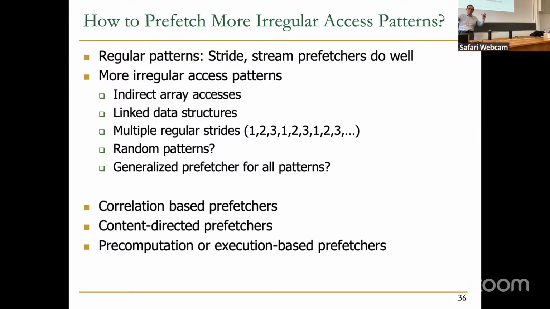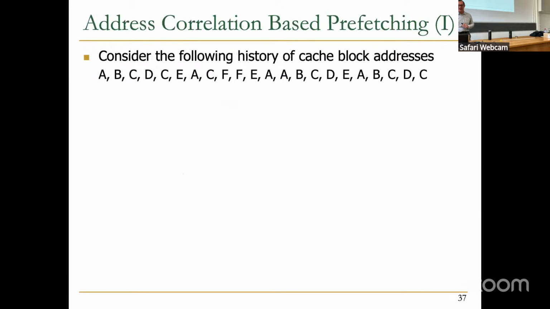Well, you need some repeatability in the end, but you don't need to know the strides, etc. The relationship between addresses A and B doesn't need to have a particular stride. Then we're going to talk about content-directed prefetchers, and then pre-computation or execution-based prefetchers, which are even more powerful, although there will be trade-offs in terms of where you execute these things.